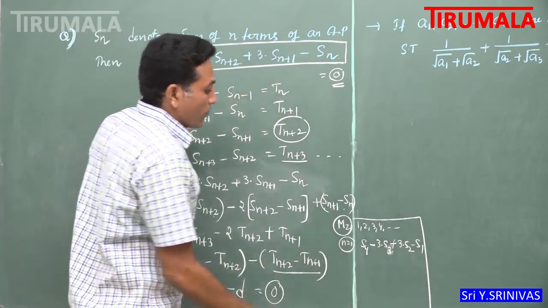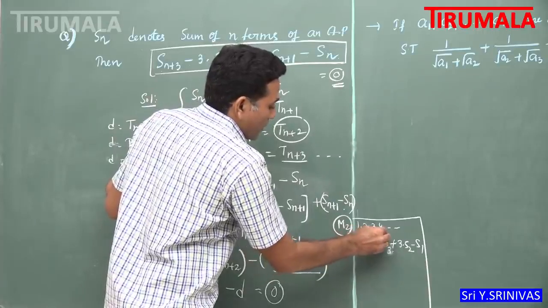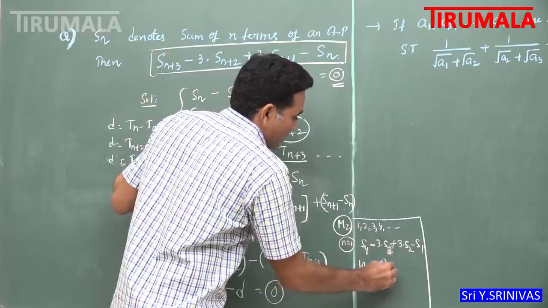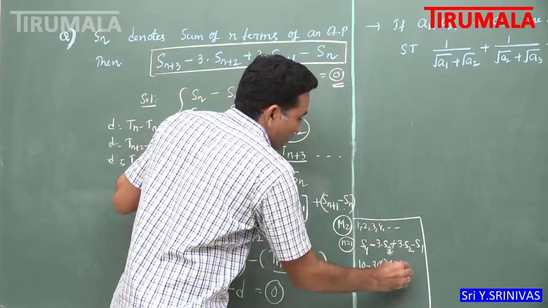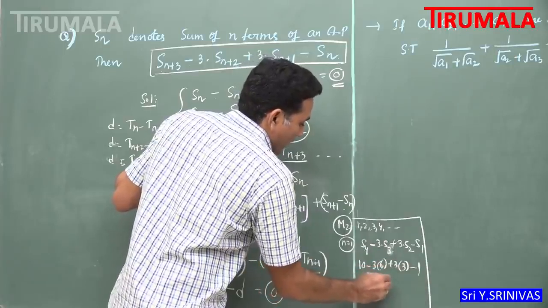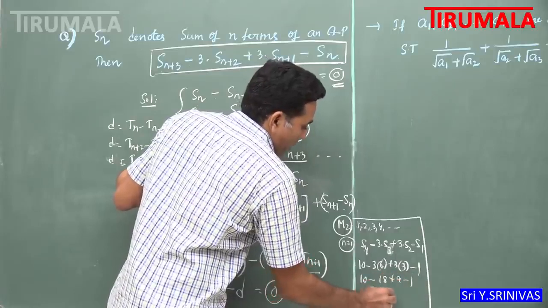What is the sum of 4 numbers of the AP? 4 plus 3 plus 2 plus 1, it is 10. 10 minus 3 times S3, which is 6, plus 3 times S2, which is 3, minus S1, which is 1. 10 minus 18 plus 9 minus 1. 10 plus 9 is 19, minus 19.